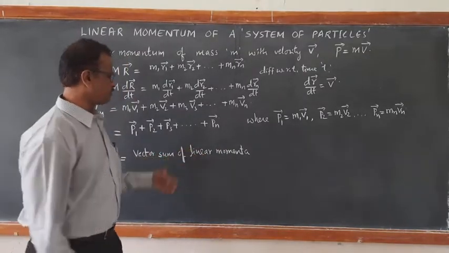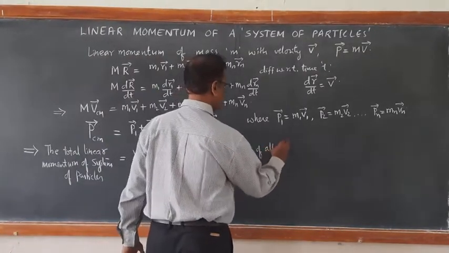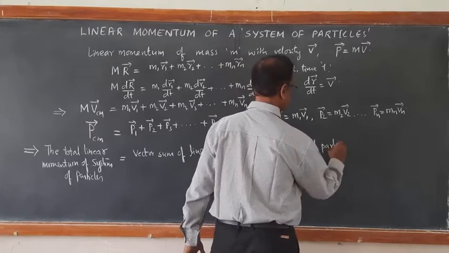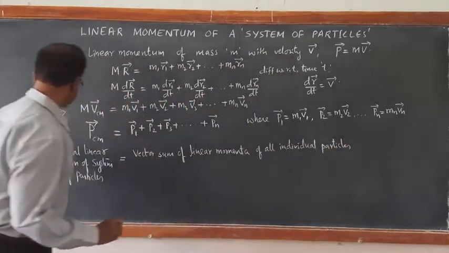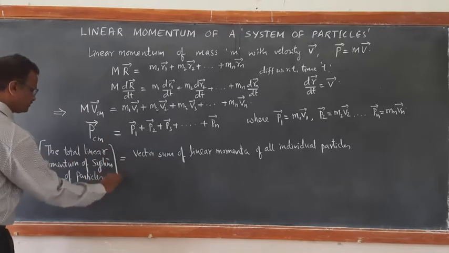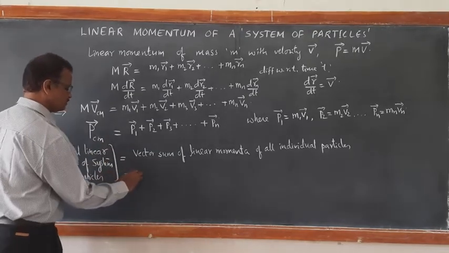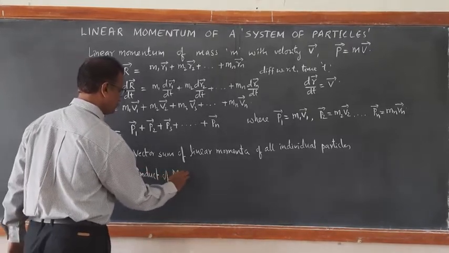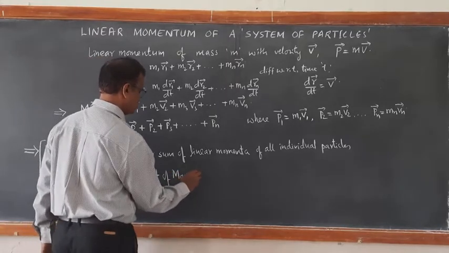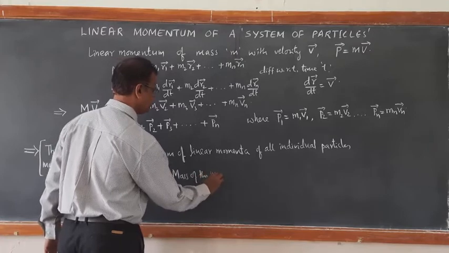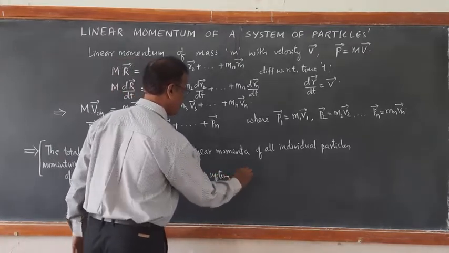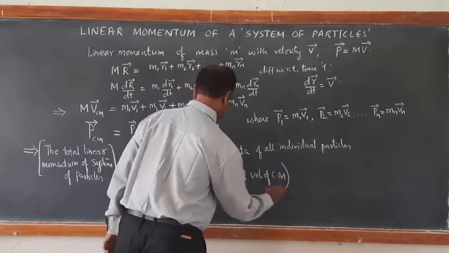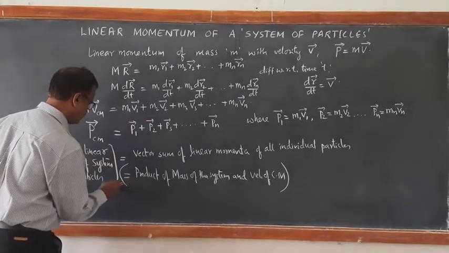The left hand side is the total linear momentum of the system of particles, which is also equal to the product of the total mass of the system and the velocity of the center of mass.